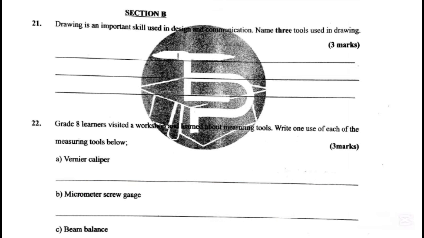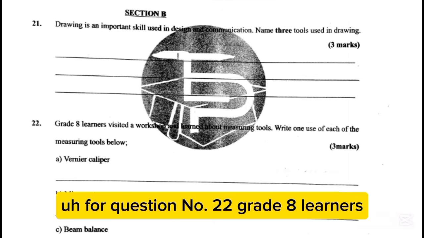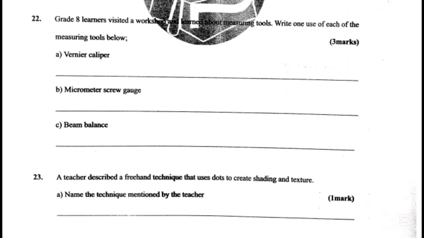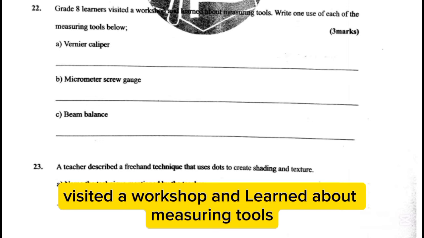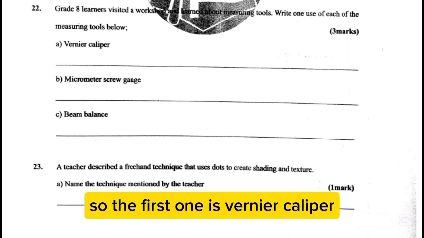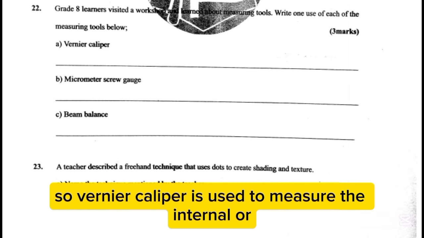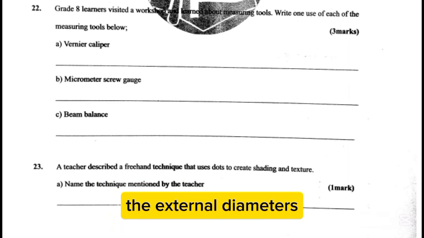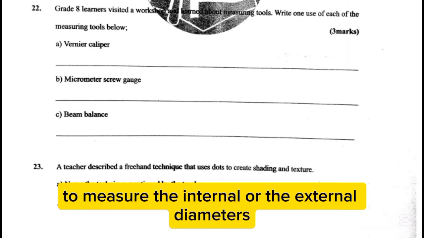For question number 22, grade 8 learners visited a workshop and learned about measuring tools. Write one use of each of the measuring tools below. So the first one is vernier caliper. Vernier caliper is used to measure the internal or the external diameters.